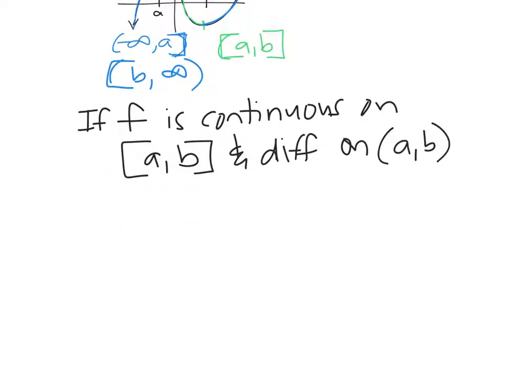It's a big deal that it has to include A, B in continuity, but in differentiability you don't have to include A and B, but whatever, who cares? All right, here's what it says.